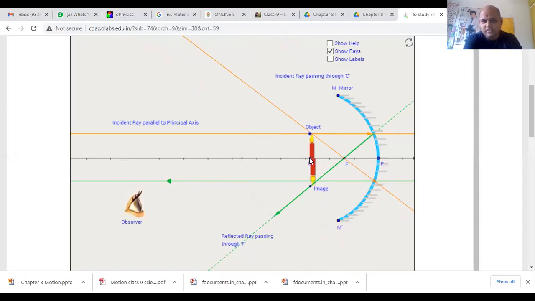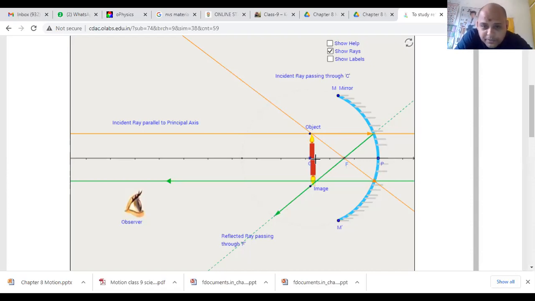It's not exactly at that point. I'm finding it a bit difficult thanks to my broken hand. When you try, you'll be able to do it, and I hope you enjoy it. So when it is at exactly C, the image is also at C, of the same size. It is real and inverted.